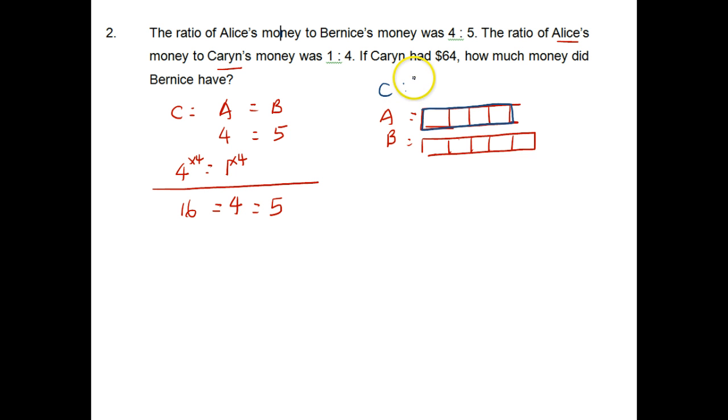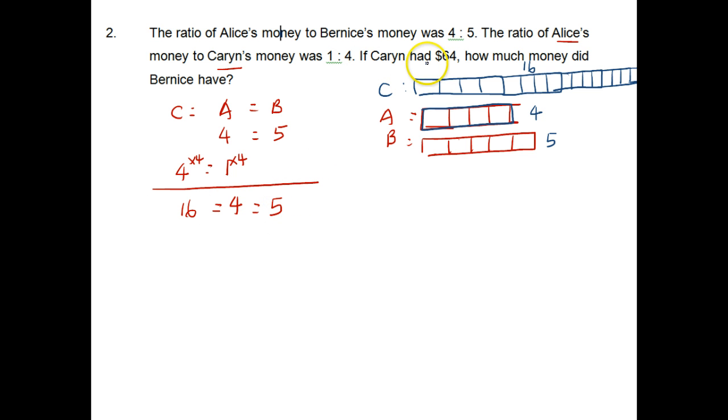My Carlin will be 4 times of this. 1, 2, 3. I'm so sorry, I've not enough space, so I'll draw a smaller box. And each unit there are 4. So here I know that my Carlin is 16 units, my Ellie's is 4 units, and my Bernie's is 5 units, which is represented from the ratio.